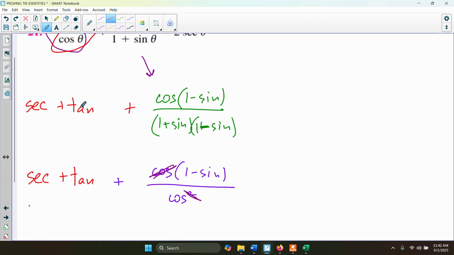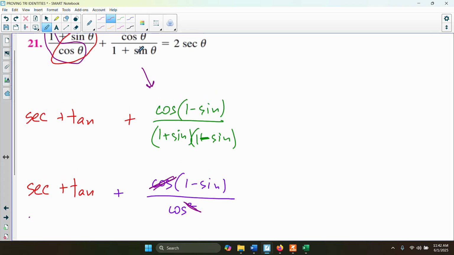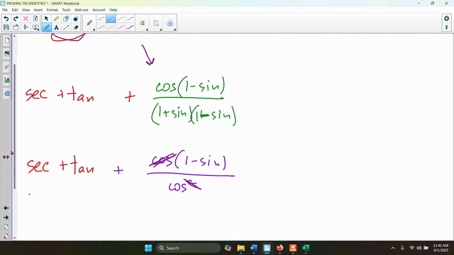This one is the one that I require a little bit of manipulation. So I multiply top and bottom by the conjugate. I simplify it, but now my denominator is nice and simple, and I'm going to split my fraction. I could not do it before because the denominator was a two-part denominator. Now my denominator is one part.